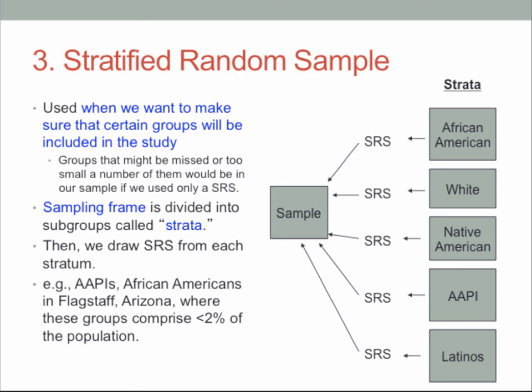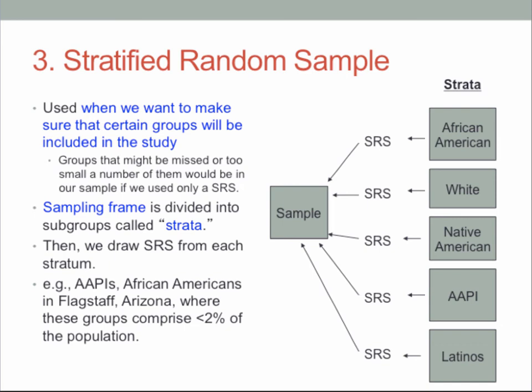Then we have stratified random sample. We use stratified random sample when we want to make sure that certain groups will be included in the study. And this goes back to the idea that we might have a particular race or ethnic group that might be underrepresented or overrepresented in a population. So we want to ensure that we have an equal group of people within our sample. So we have our sampling frame. We divide this sampling frame into subgroups called strata.